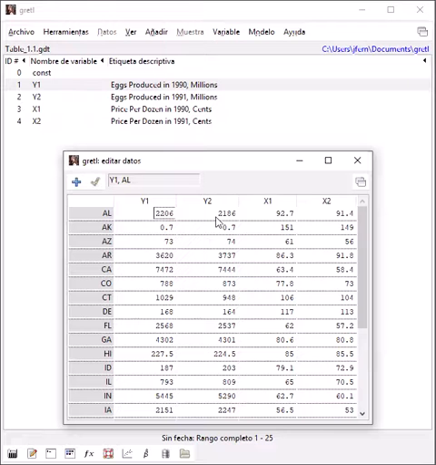Although time series data are used heavily in econometric studies, they present special problems for econometricians, as we will show in later videos on time series econometrics.